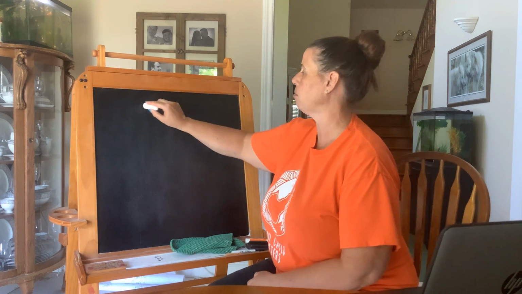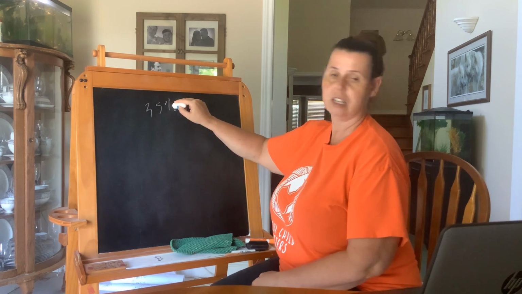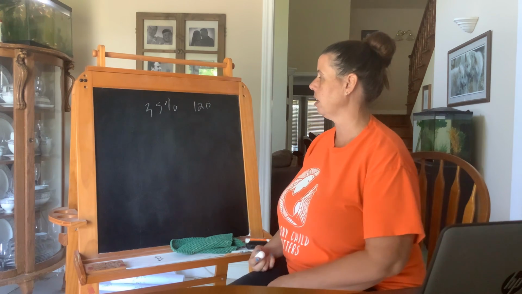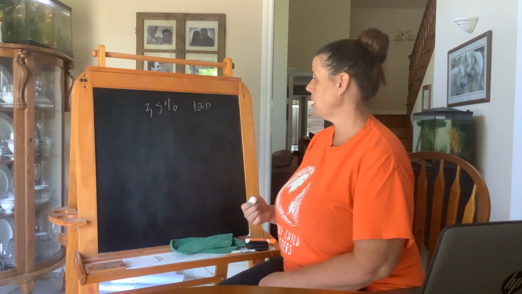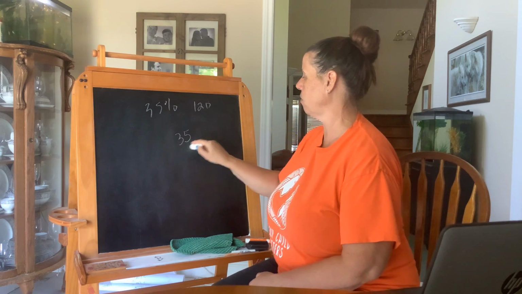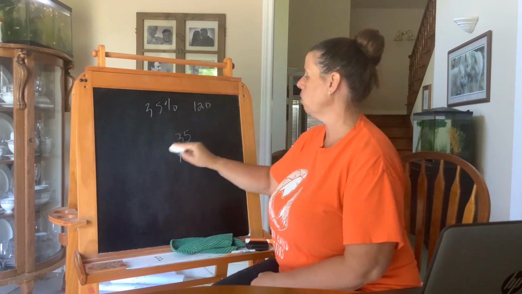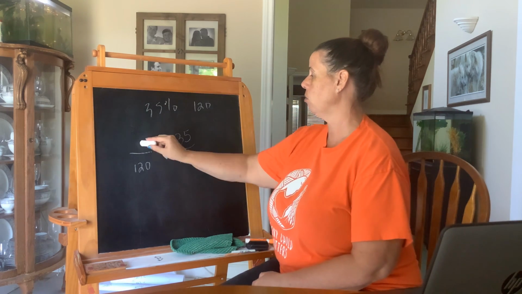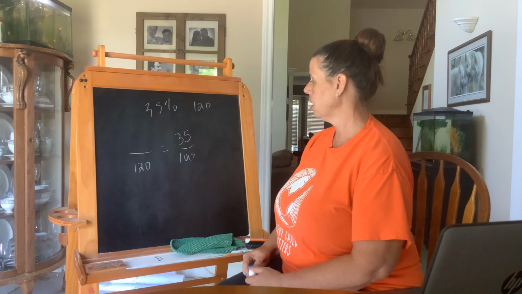11. If 35% of 120 students use an MP3 player, how many use an MP3 player? Okay, so 35%, so that's 35 out of 100. And we know that the total number of kids is 120, but we don't know how many that is, right?